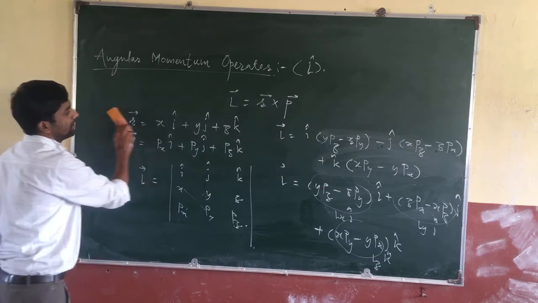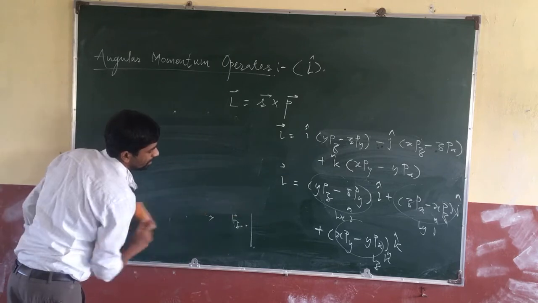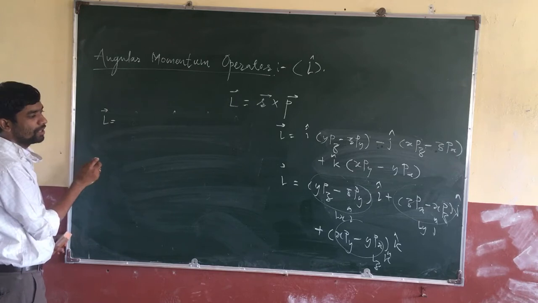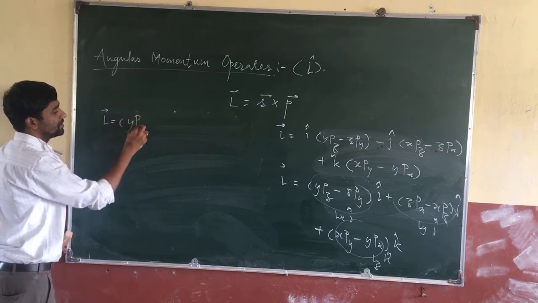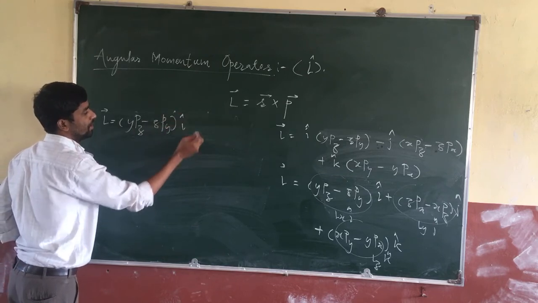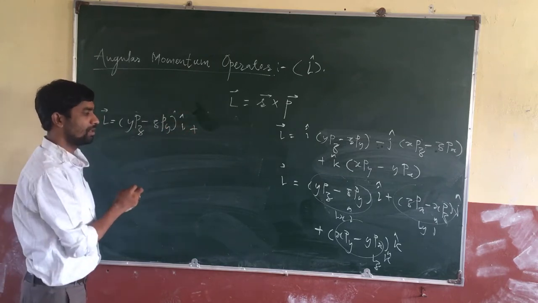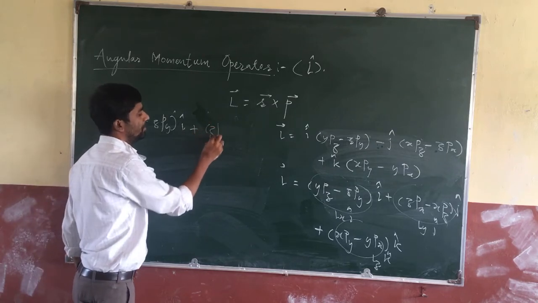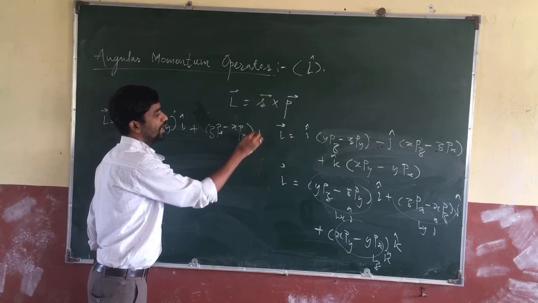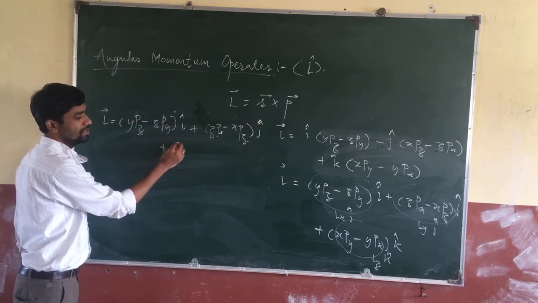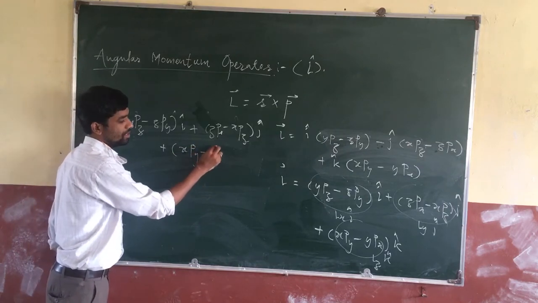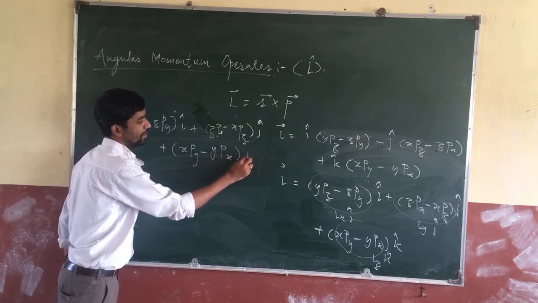So from this equation you get L equals (y pz minus z py) i cap plus (z px minus x pz) j cap plus (x py minus y px) k cap.